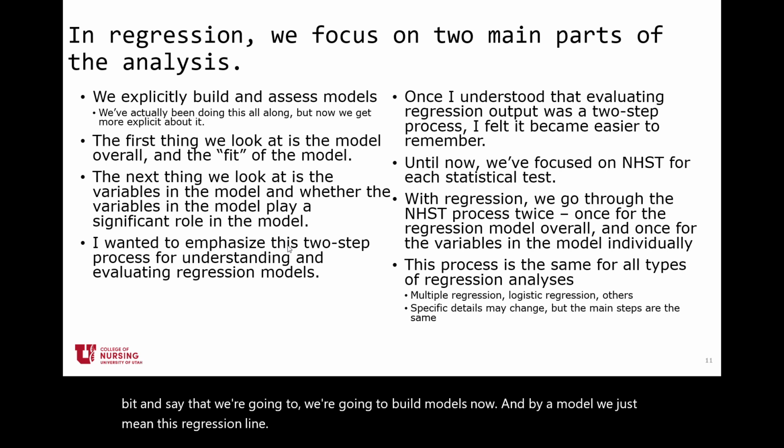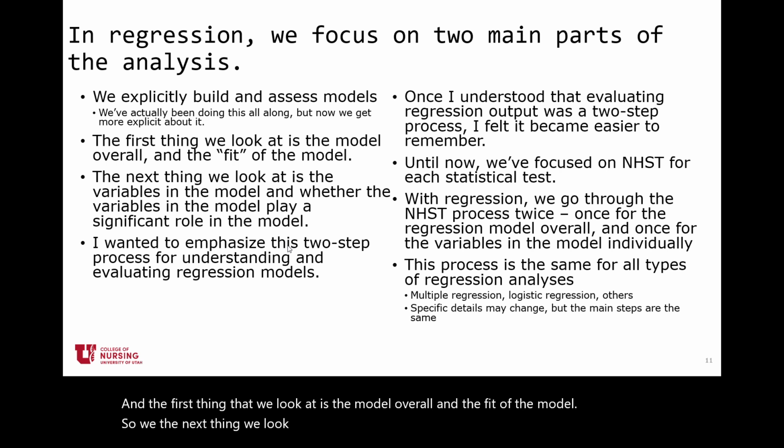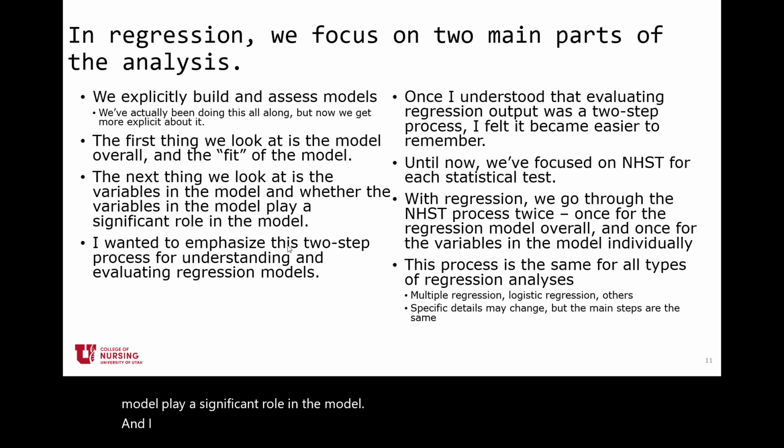And the first thing that we look at is the model overall and the fit of the model. The next thing we look at is variables in the model and whether the variables in the model play a significant role in the model. I just want to emphasize this 2-step process to you.